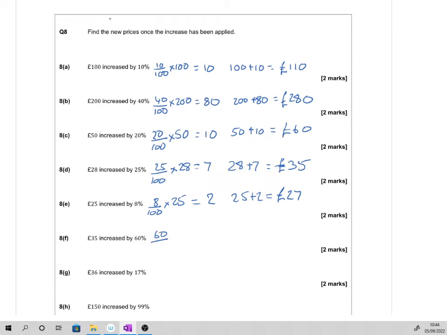60%. Oh, so many questions. Times 35. So 60 divided by 100 times 35 is 21.